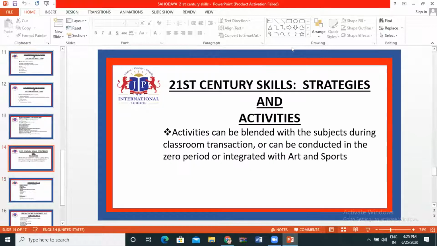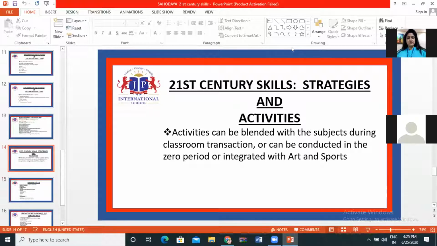Now, these strategies and activities, of course, are blended with all the subjects, as I already discussed with you. They are all passed on in this classroom transaction, and they can conduct it in a zero period.